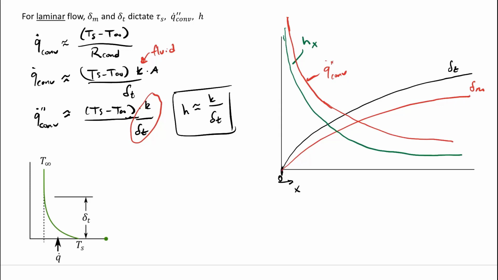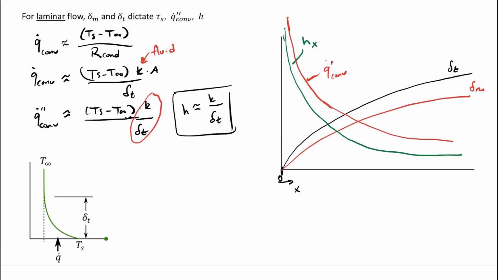One thing to point out: if you were designing a heat exchanger and you wanted good heat transfer, what is something you could physically do that relates to the boundary layer thickness? Yes, exactly.